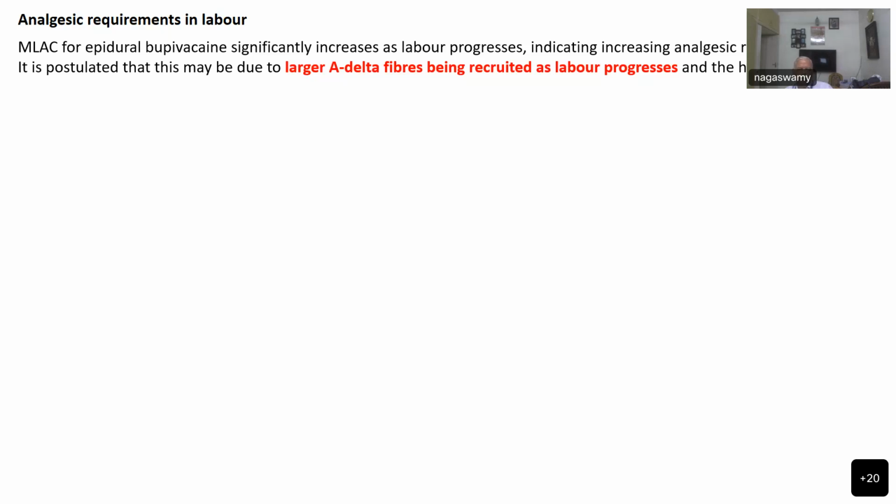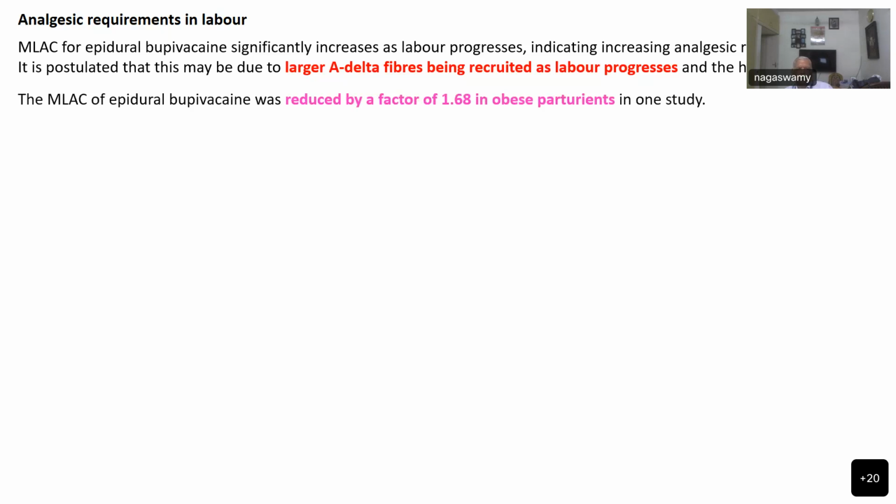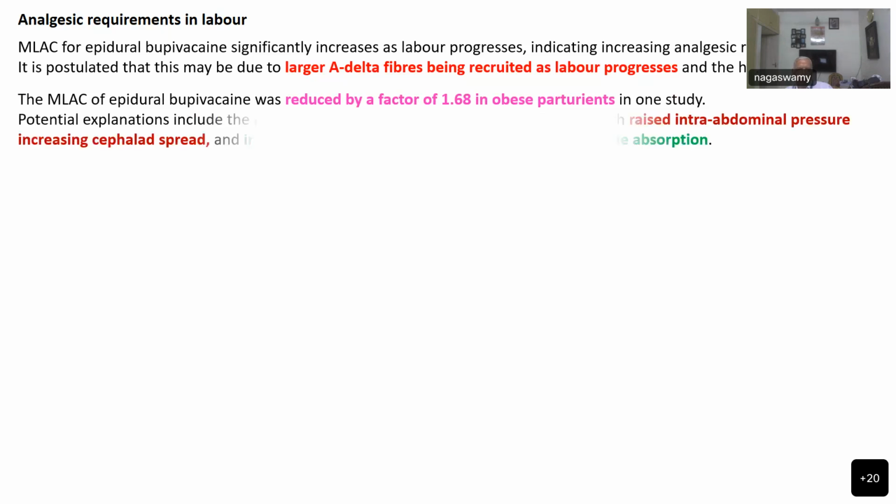Early in the stage, when lesser diameter fibers are affected, you are able to manage with a low concentration. But when larger diameter fibers like A delta fibers are recruited during labor, when the head descends, it may require a higher concentration. MLAC for epidural bupivacaine can be reduced by a factor of 1.68 in obese participants, which was seen in one study.